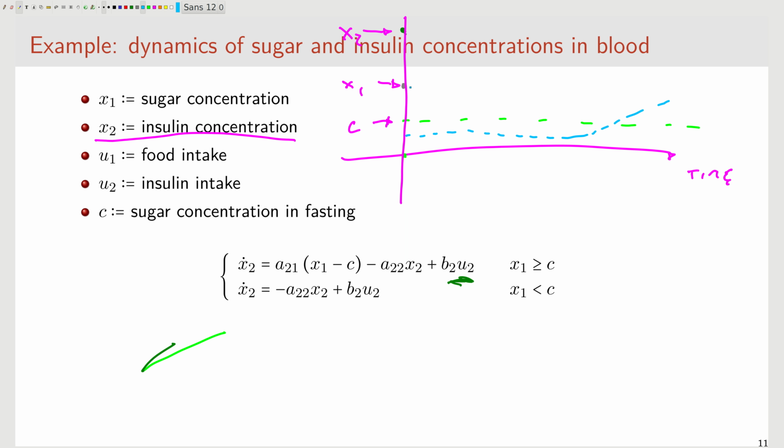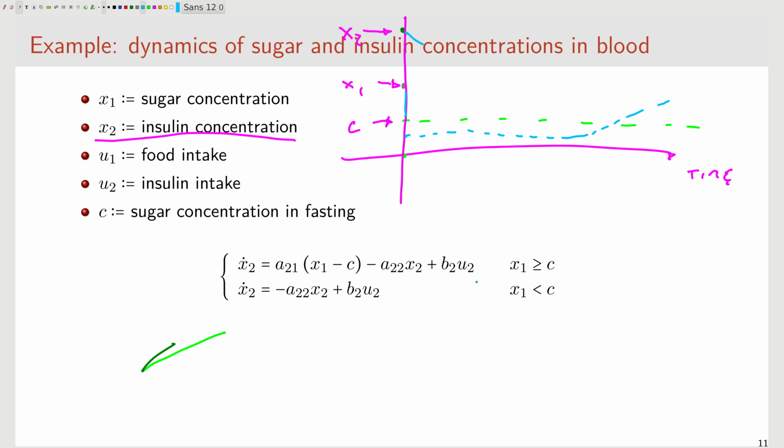For x2, there's a decay ratio that depends on how big it is. Then there's an increase ratio that depends on how big this is. And then there's an increase ratio that depends on how much food we are taking. The sum of those three contributions decides how this derivative looks.